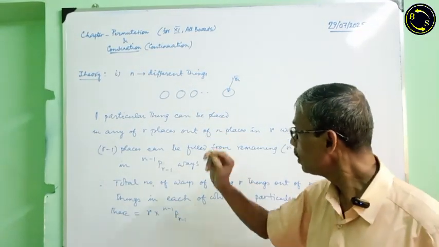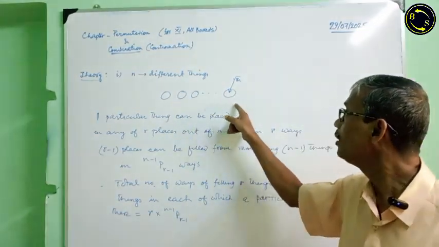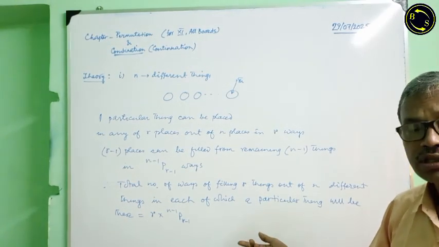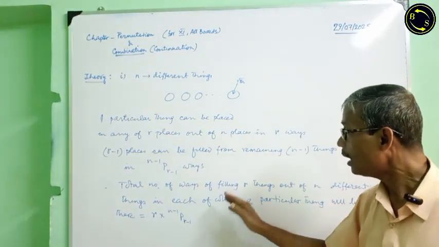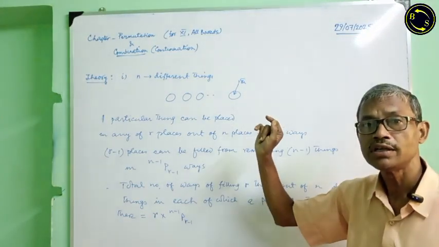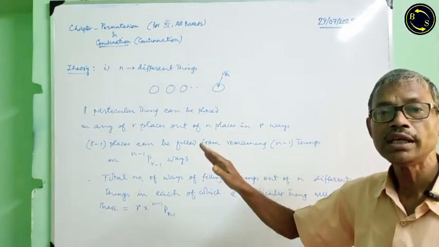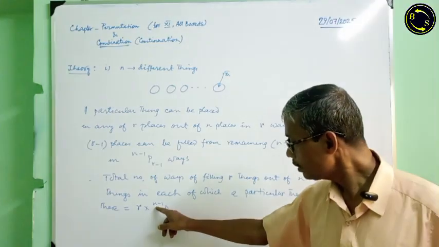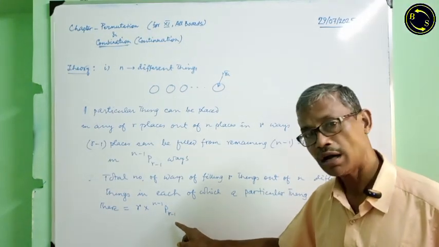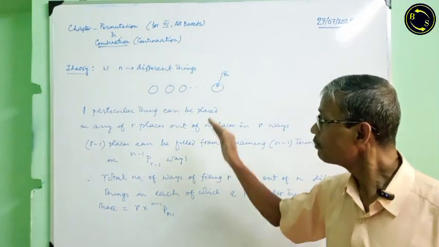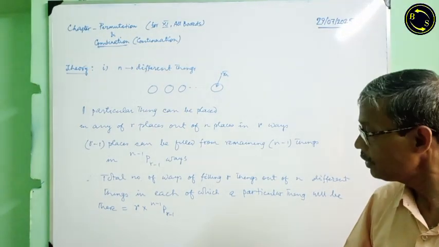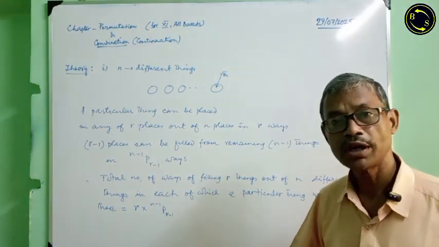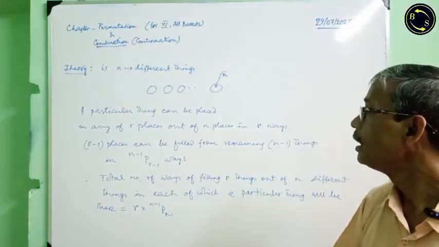Now that particular thing can occupy any of the r places in r ways, and remaining r minus 1 places can be filled in by remaining n minus 1 things in how many ways? N minus 1 P r minus 1 ways. Therefore, total number of ways will be r into n minus 1 P r minus 1 ways.